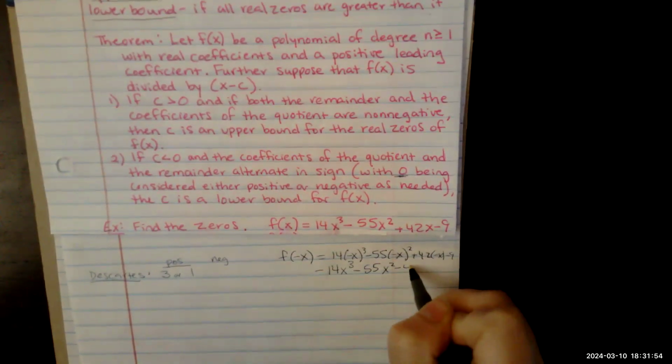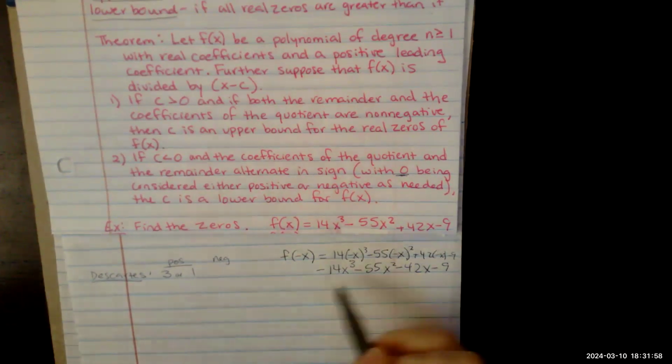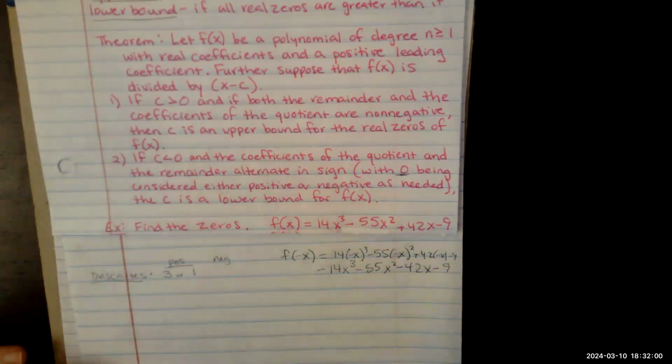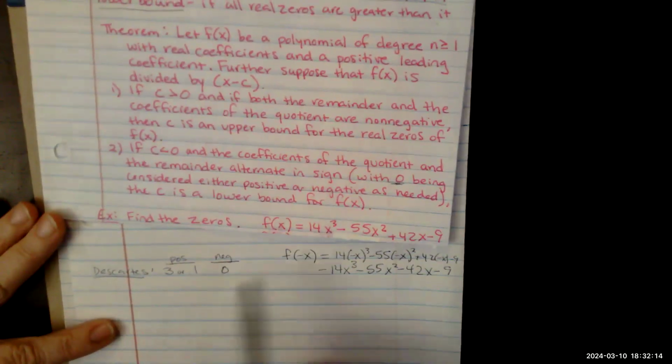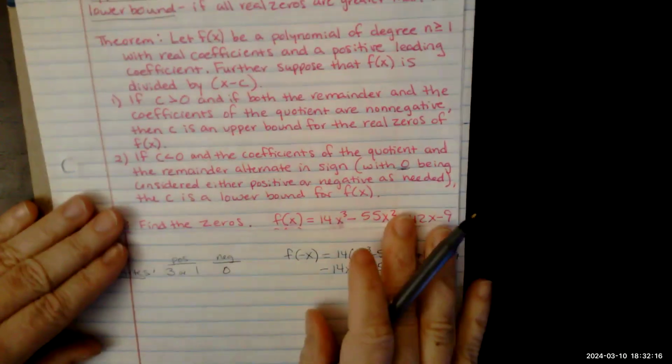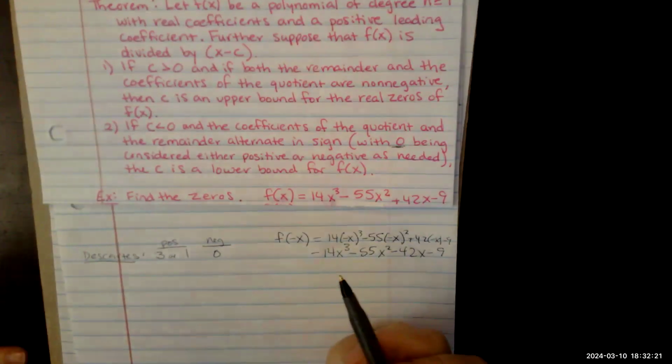This would become negative, and the negative 9 would just stay negative 9. So 0 sign changes. So we either have 3 or 1 positive zeros, which would mean we might have some imaginary zeros, because if we only have 1 positive and there's no negatives, then the other 2 must be imaginary. So we're going to start trying to see if we can find it.